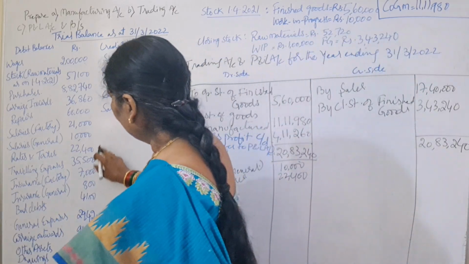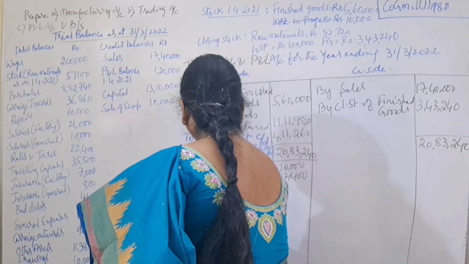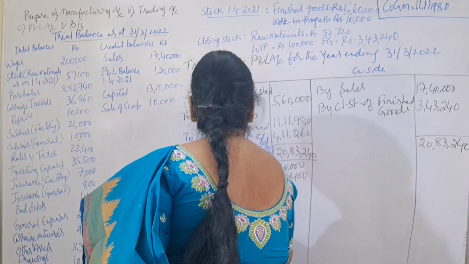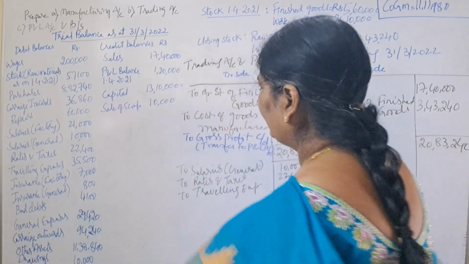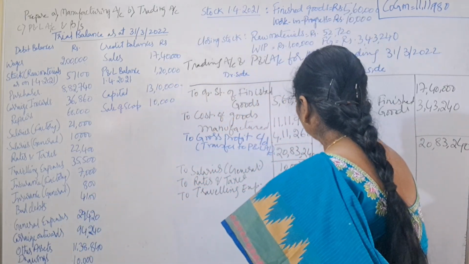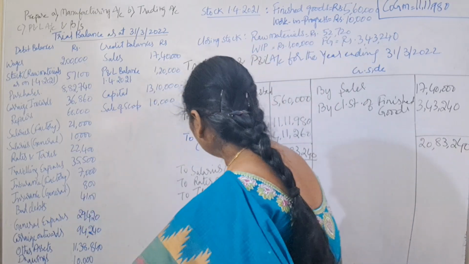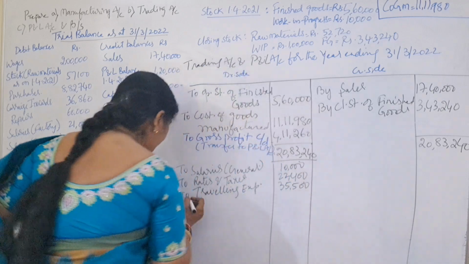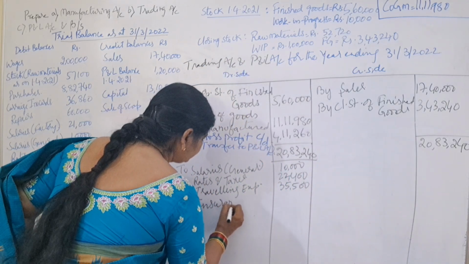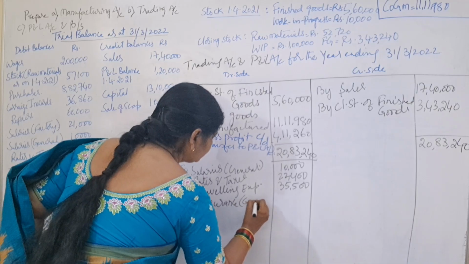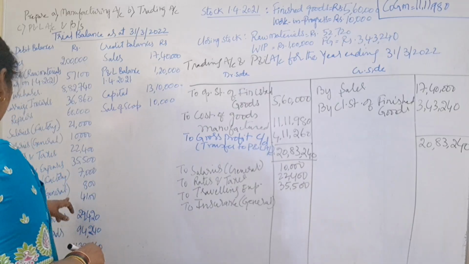Next, traveling expenses, to traveling expenses, 35,500. Next, insurance general, to insurance general, 800.